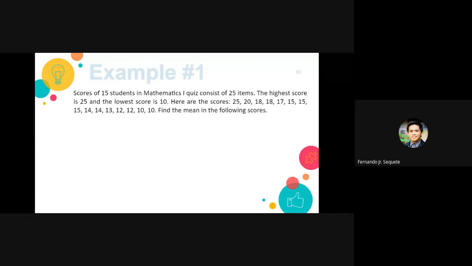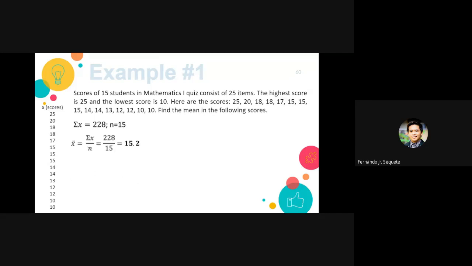Then you can start finding the value of whatever it is. Okay, here are our scores. What we did is the summation of x, meaning we simply added up all of our scores. And our small letter n, therefore this is a sample, not a population, because the n there is a small letter. So we have here 15.